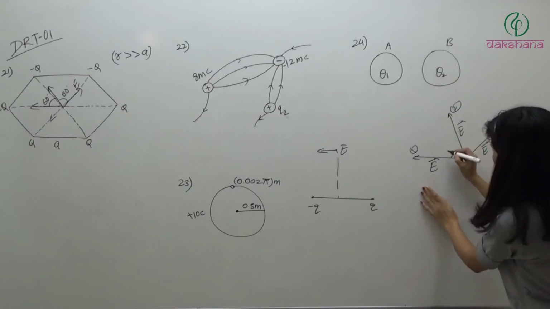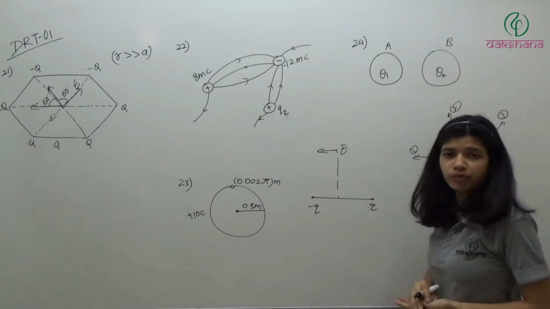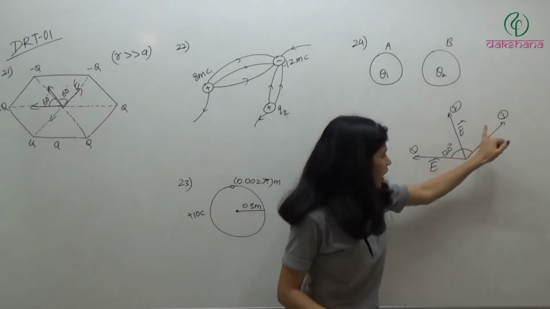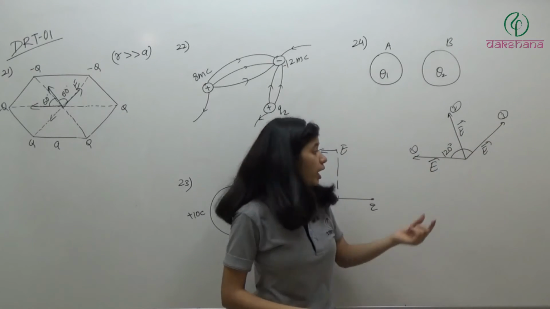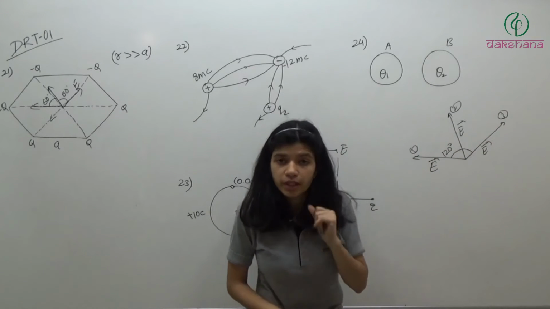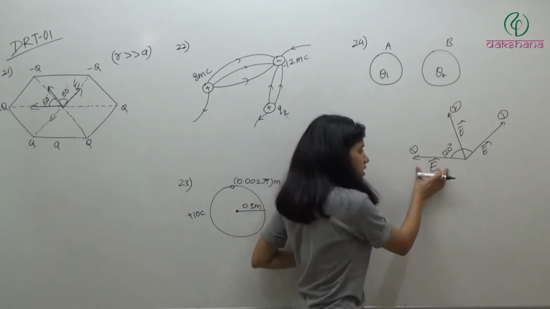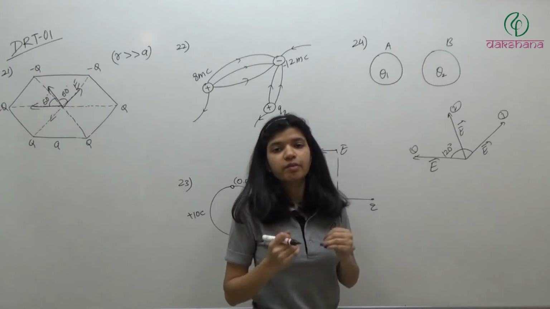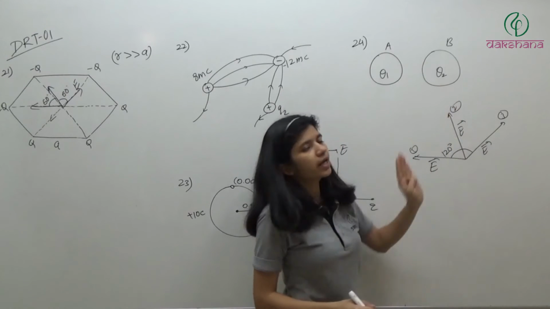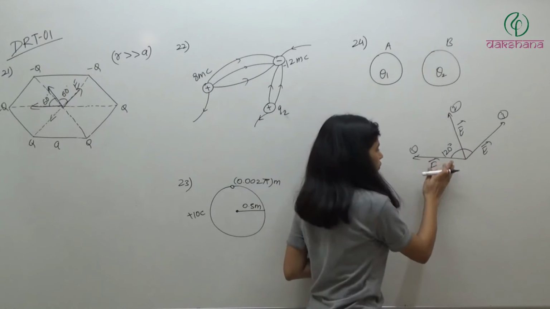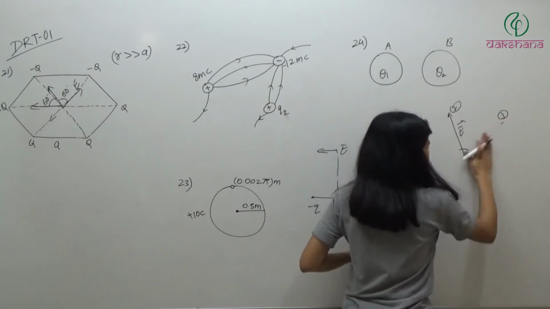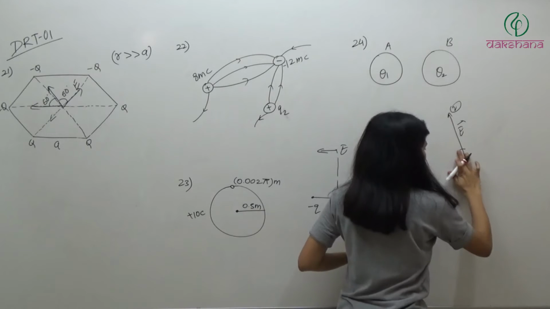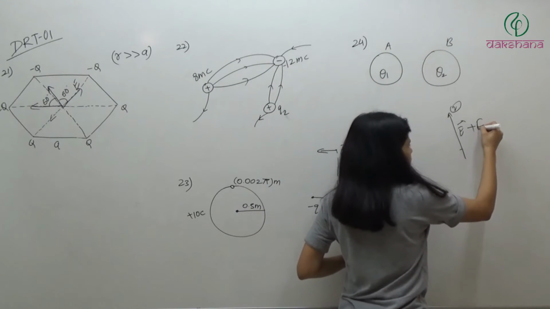Vectors 1 and 3 have a 120 degree angle between them and the same magnitudes. What will be the resultant? If this is E and the angle is 120 degrees, the resultant will be E and it will pass along the angle bisector. So the resultant of 1 and 3 is again E in this direction.